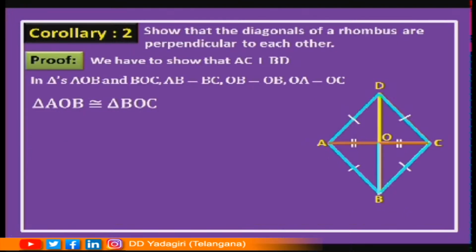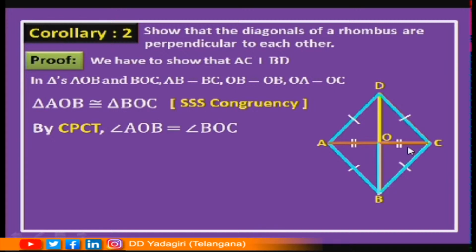If you notice, triangle AOB and triangle BOC are congruent. But what is the reason? If you notice these two sides, and this is the common side, that means three sides of triangle AOB and three sides of triangle BOC are equal. So, by SSS congruency, both triangles are congruent.